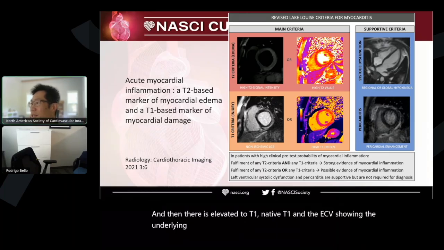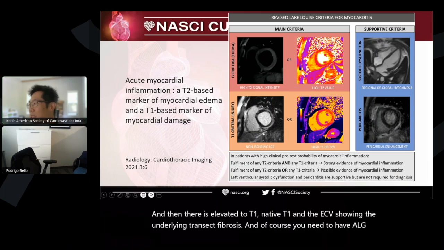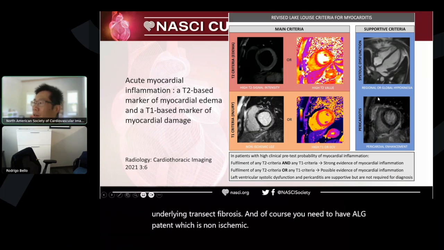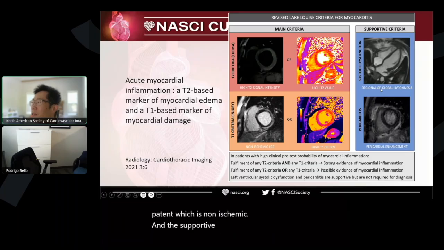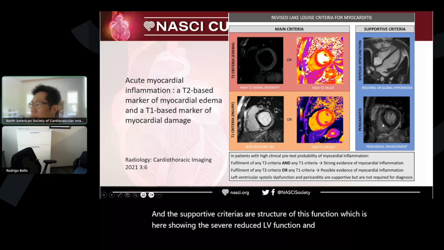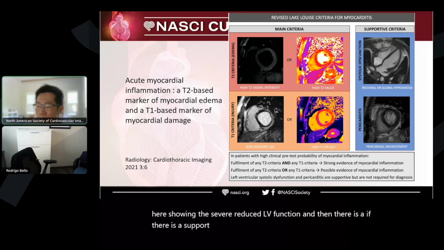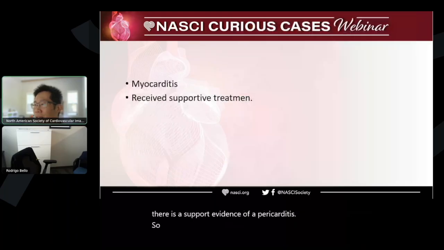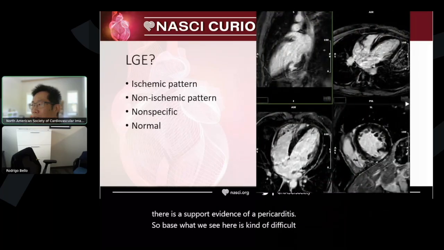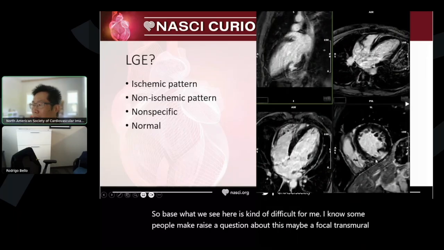And of course, you need to have an LGE pattern which is non-ischemic. And the supportive criteria are structural dysfunction, which here we're showing the severely reduced LV function, and then if there is supported evidence of a pericarditis. So based on what we see here, it's kind of difficult for me. I know some people may raise a question about whether this may be a focal transmural infarct or ischemic pattern.